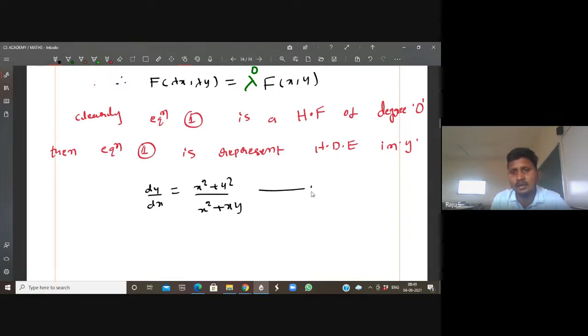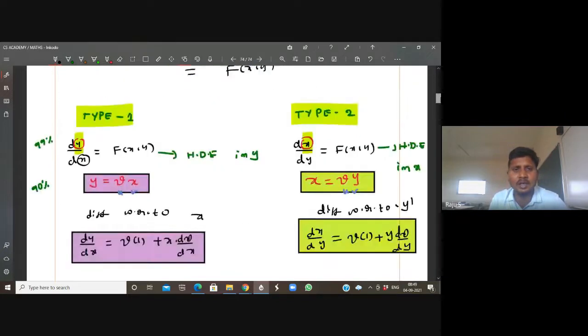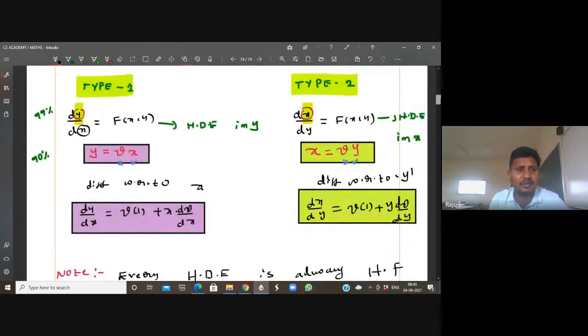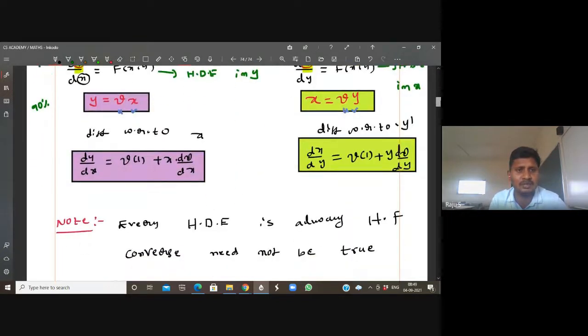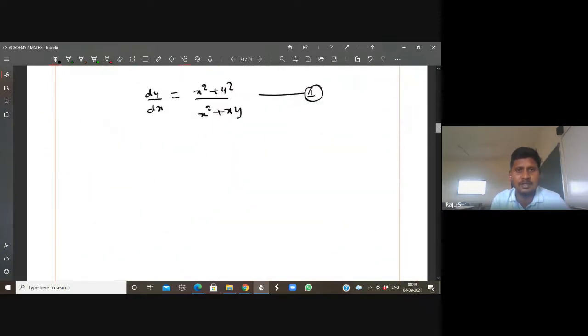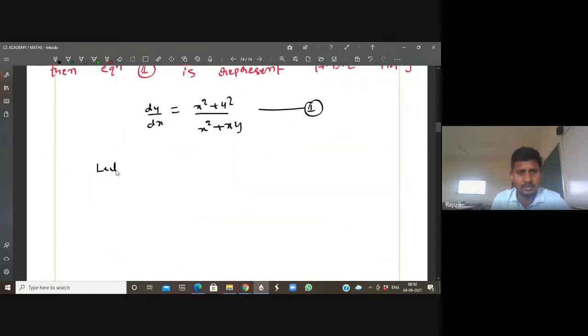This is equation 1. I told you very clearly, with the help of the type, this is type 1. So what shall we do? Substitution method. Let y is equal to vx. Now differentiate with respect to x, like as per the procedure.